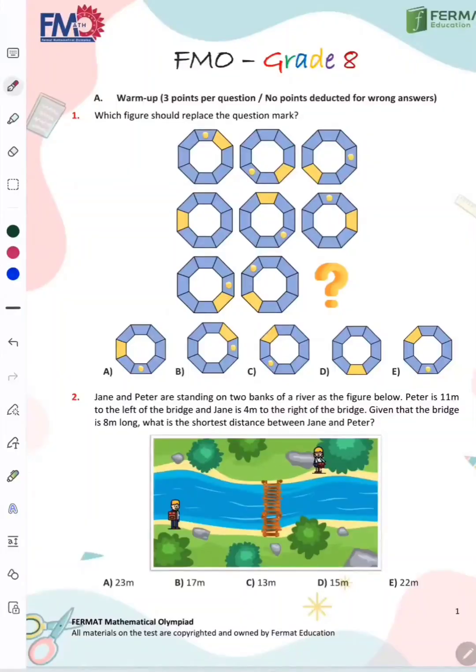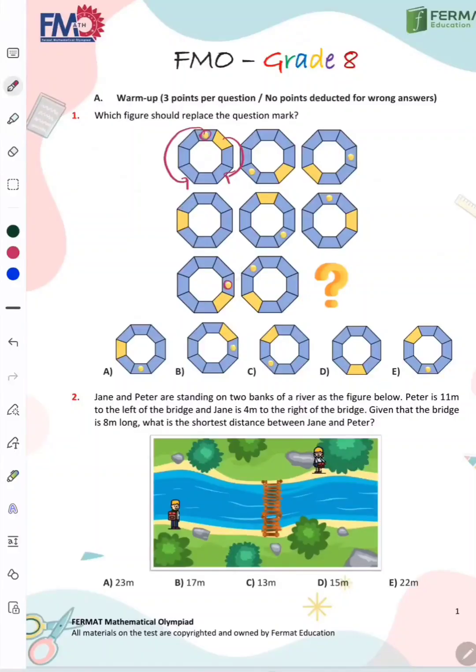Which figure should replace the question mark? If we take a look at the pattern, the yellow ball shifts 3 units anti-clockwise while the yellow section shifts 2 units clockwise. So look at the third picture.